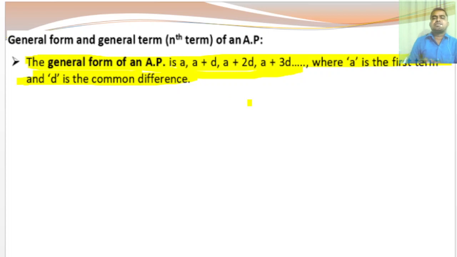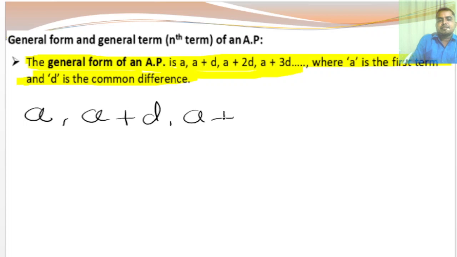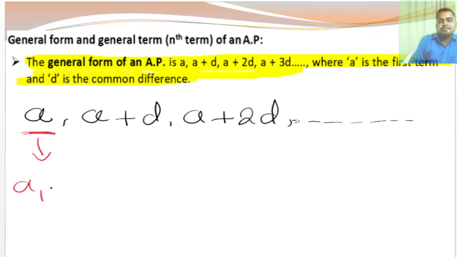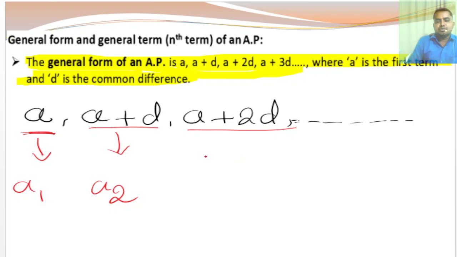So I am writing the general form of the AP here. a is the first term, a plus d, a plus 2d, and so on. Here a is the first term, that is a1. a plus d is the second term, that is a2. a plus 2d is the third term.